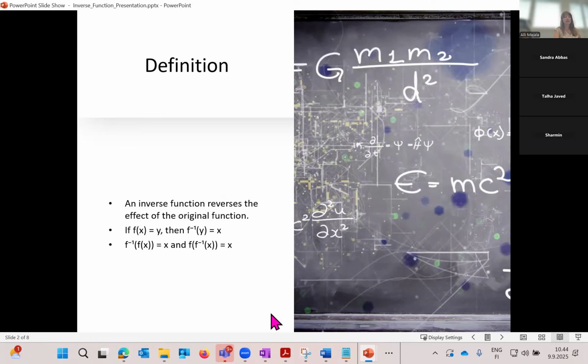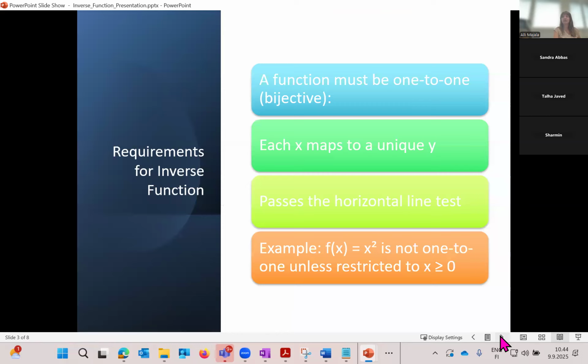But this is like mathematical writing. You don't really have to know more about this. This function that you want to make the inverse function of must be one-to-one. That's called bijective. Have you ever heard this kind of a word before? Yeah, so each x maps to a unique y. So there's only one value of y to each x.